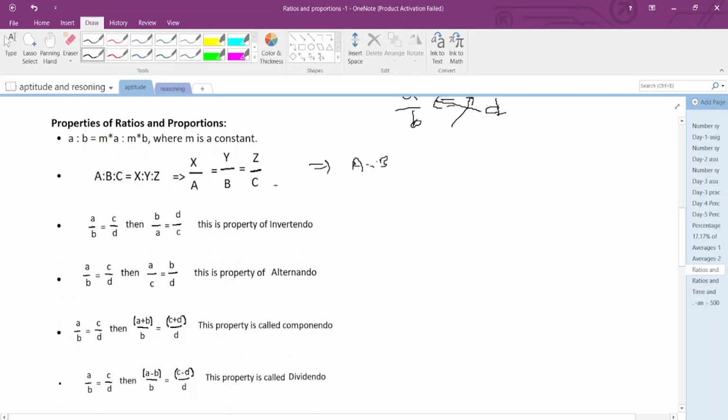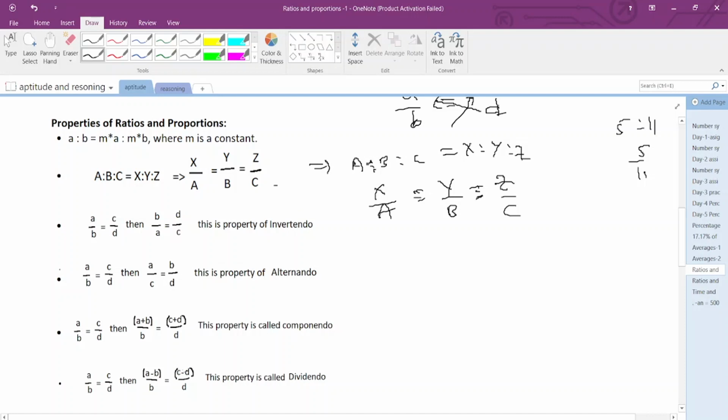A is to B is to C is equal to X is to Y is to Z. Previously I said 5 is to 11 can be taken as 5/11. Similarly here A is to B is to C can be written as A by B, and X is to Y is to Z as X by A is equal to Y by B is equal to Z by C. This is one of the properties, just remember it.